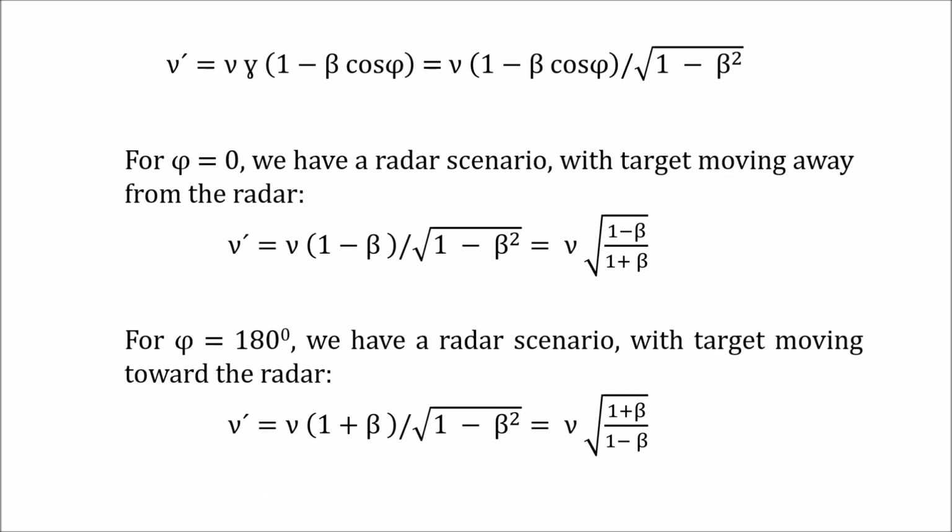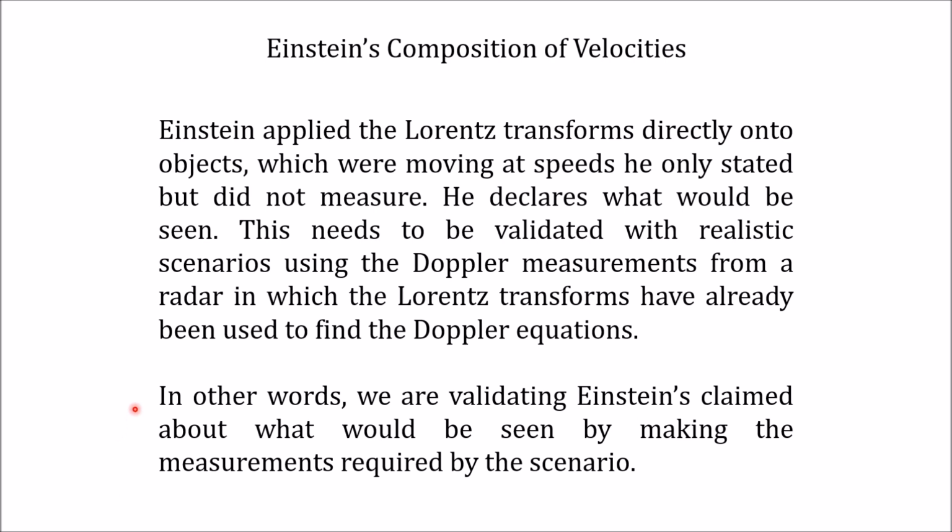and well proven. So Einstein famously developed what is called his composition of velocities, and from that he purported to show that nothing can move faster than the speed of light.